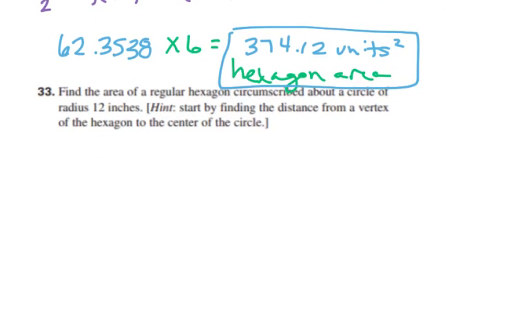Alright, and then the last one, we want to find the area of a regular hexagon circumscribed around a circle of radius 12. Okay, so we've got a circle and a hexagon around it. There.